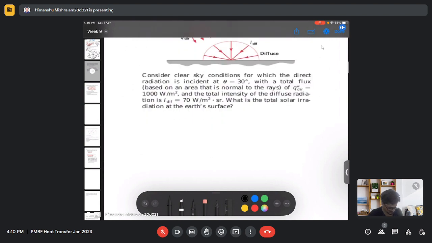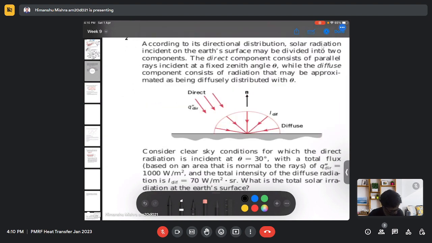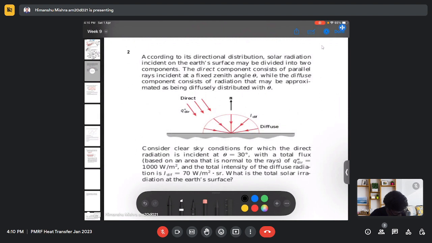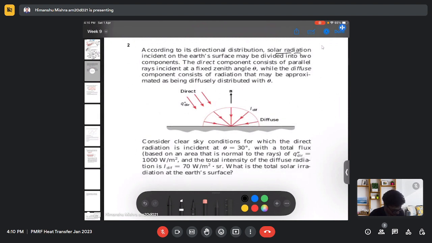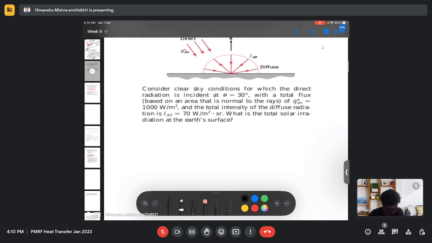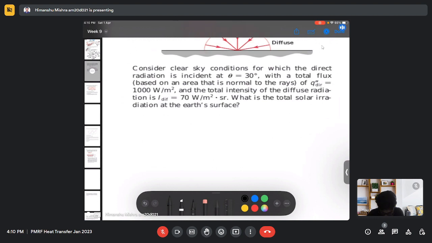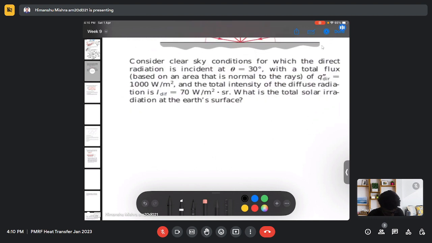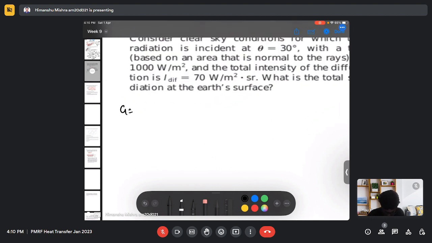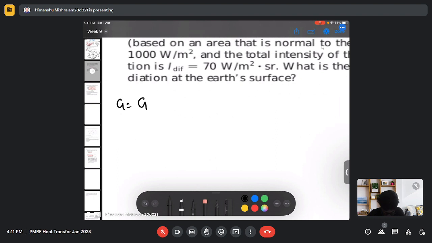So in the question we are given that the solar radiation incident on the Earth's surface is divided into two components. There will be a component due to the direct solar radiation, and there will be a contribution due to the diffusive radiation. So my irradiation will be due to the solar radiation, which is coming from a certain angle, and due to the diffusive nature of the radiation.